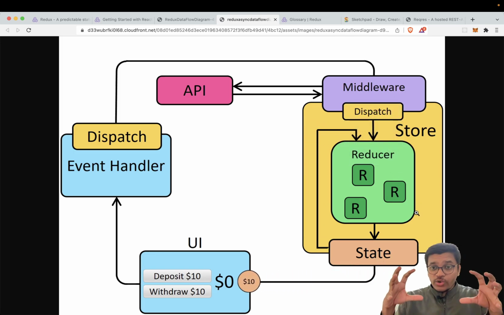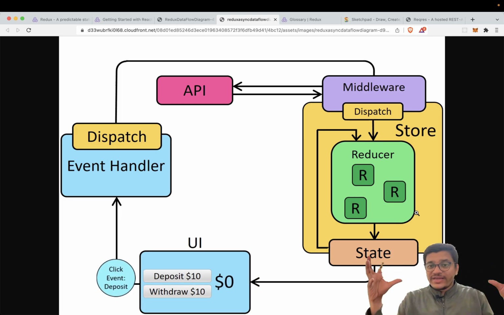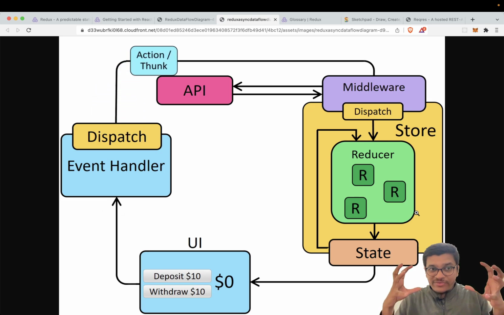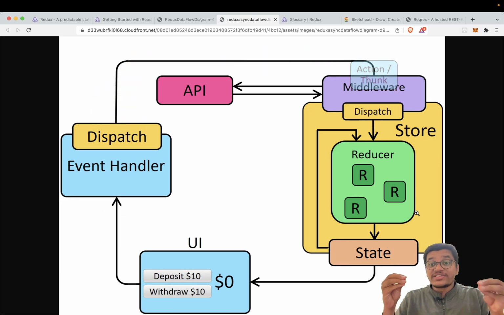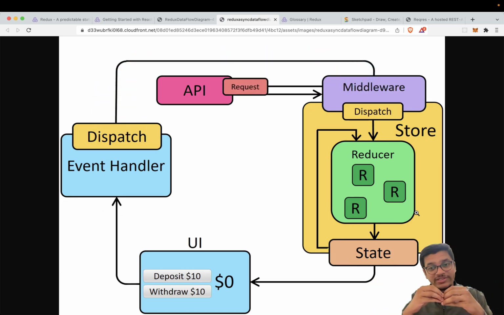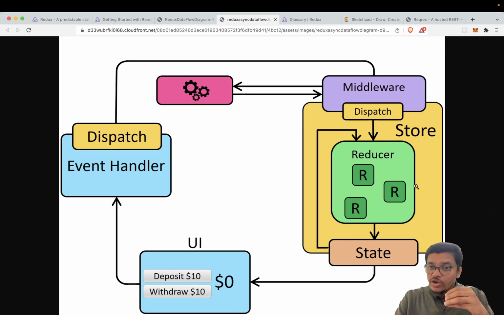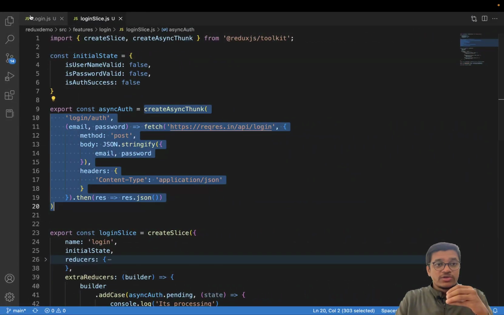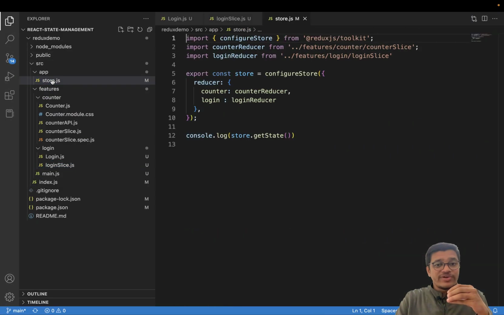Now, what is a store? The place where we create the central state. The place where we create what? Central state. That is nothing but what the store is. Now, store always gives you the state. If you see this code, store always gives you the state.